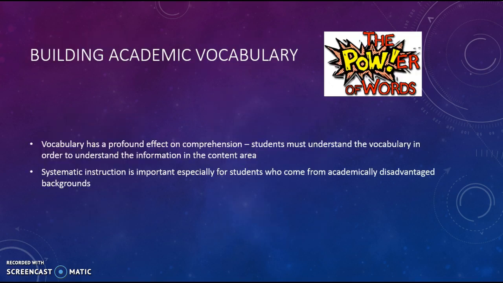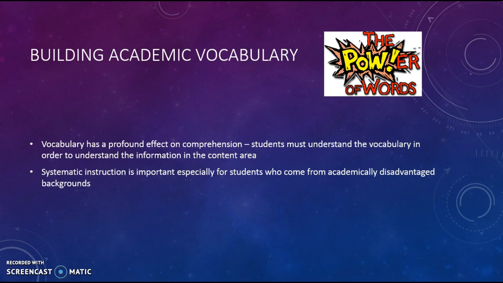So what he says in the introduction of this book is that we know that vocabulary has a profound effect on comprehension. Kids have to understand the words before they can really understand the information in the article, so it kind of makes sense. And we also know that systematic instruction is really important, especially for kids who come from academically disadvantaged backgrounds.